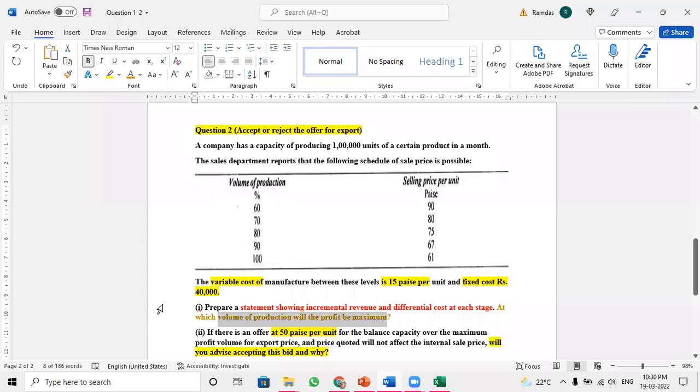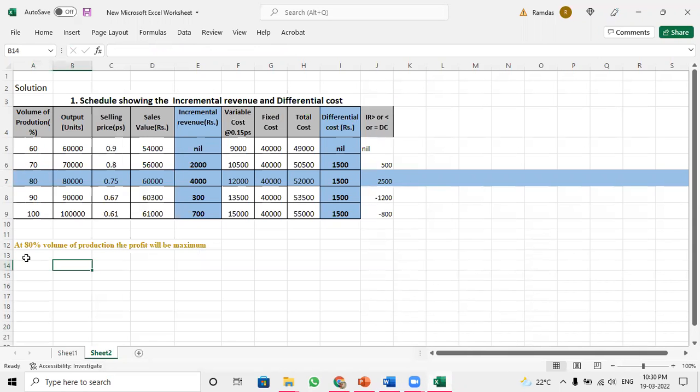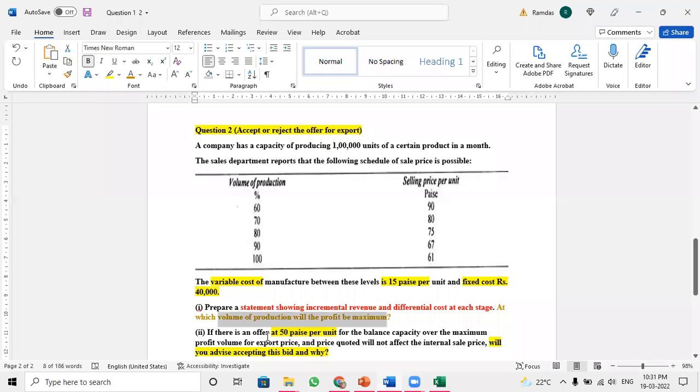Now coming to the second part of the question. If there is an offer at 50 paise per unit for the balance of capacity, that means we have chosen a capacity of 80,000, but we have another 20% capacity which can be utilized. If the company has an opportunity of utilizing the other 20% capacity to manufacture, what would be the incremental revenue and incremental cost?